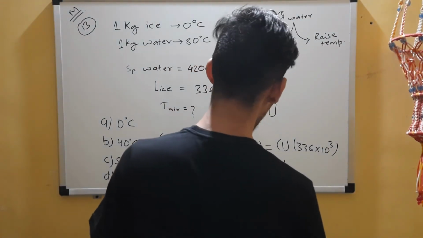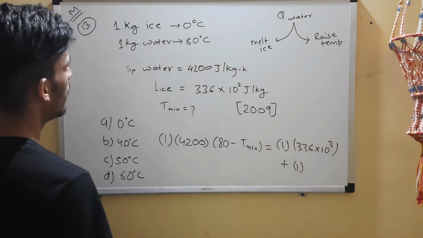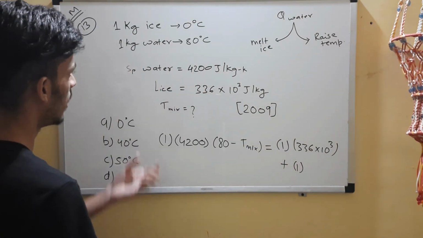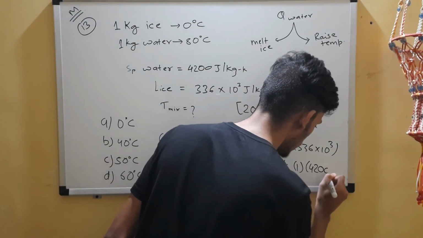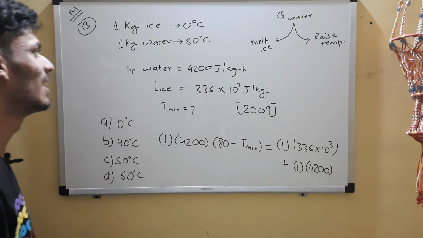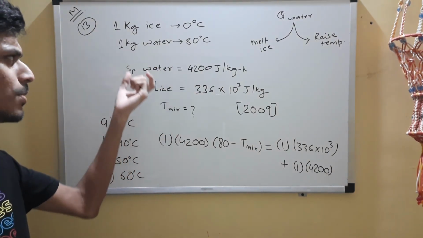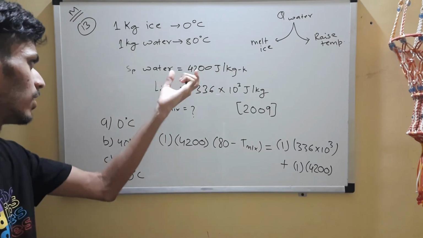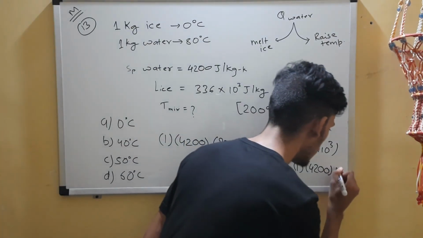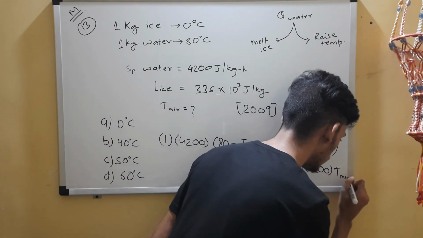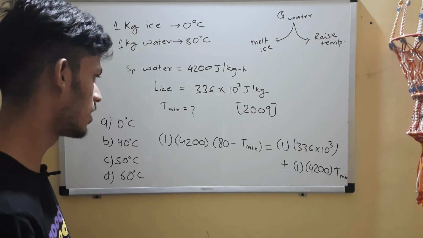So that will be ms delta T, again with the specific heat of water, since ice is converted to water now. And the change in temperature is from 0 to T mix, so the change is T mix. Now let's just solve this.